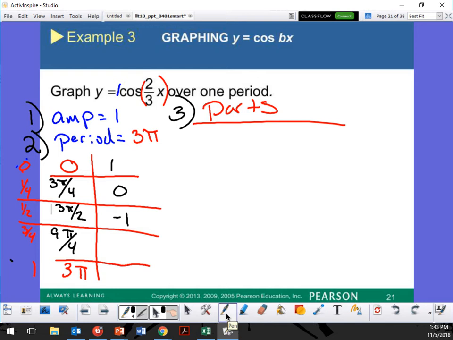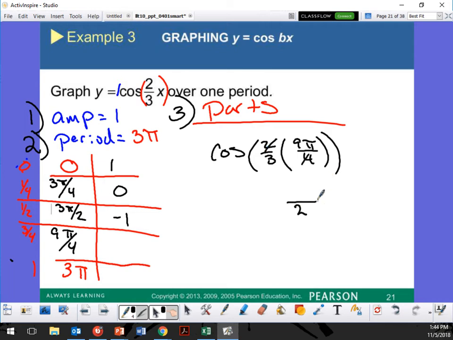Cosine 2/3 times, what's my next one? 9π/4. It's going to be 3π/2. It reduces, right? So it's 2 on the bottom and 3π/2. That's my cosine at 3π/2. 0.